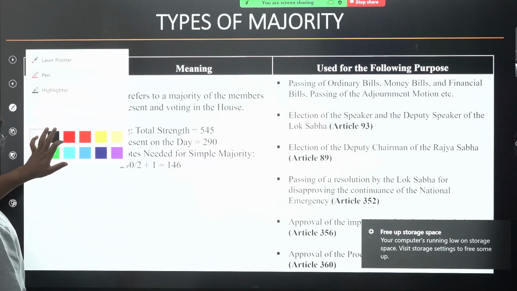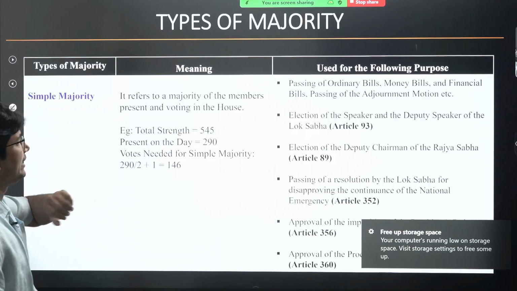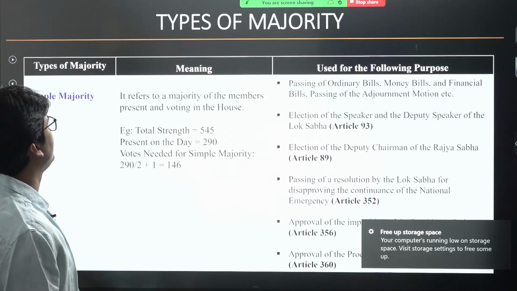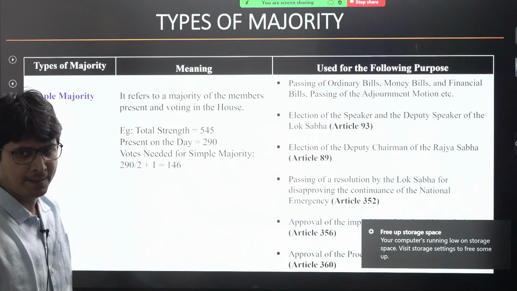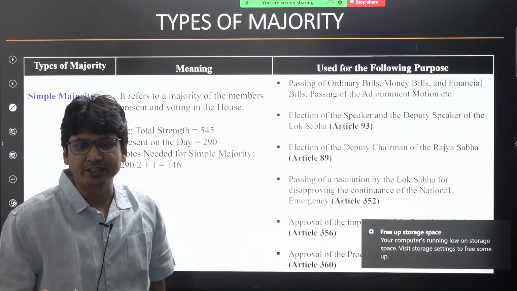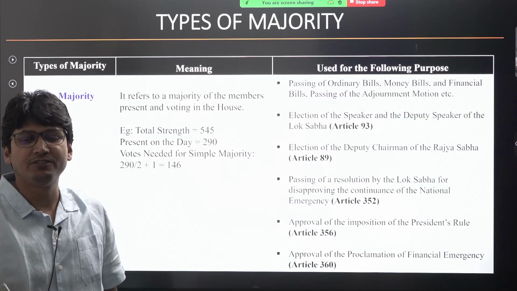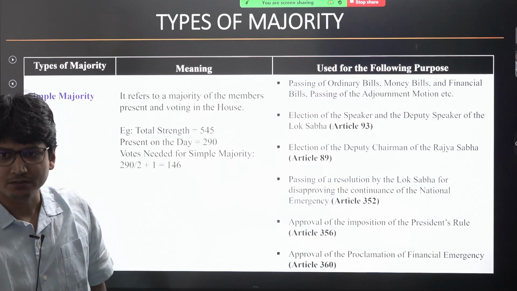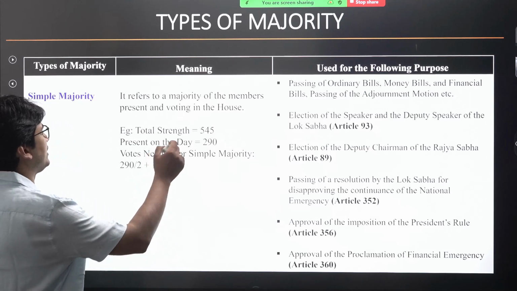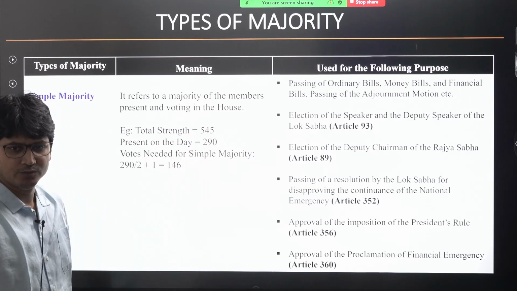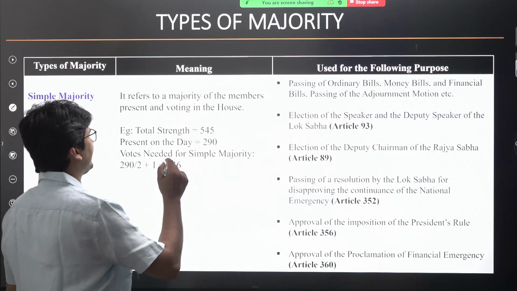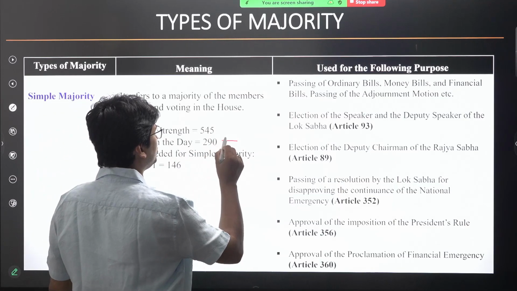So first is the simple majority. It refers to a majority of the members of the house present and voting. This type of majority we need to understand on the basis of an example. For example, total strength of Lok Sabha is 545. Let's say on a given day, the number of members present is 290.